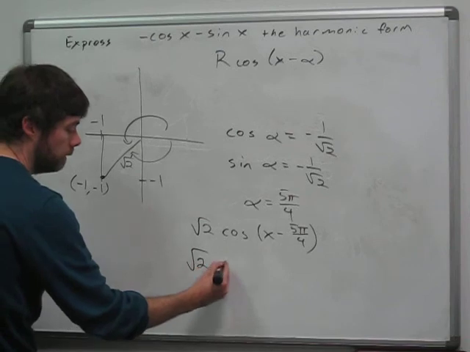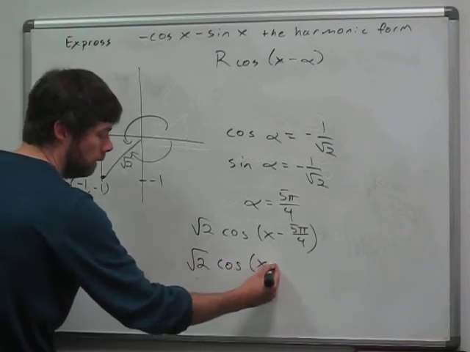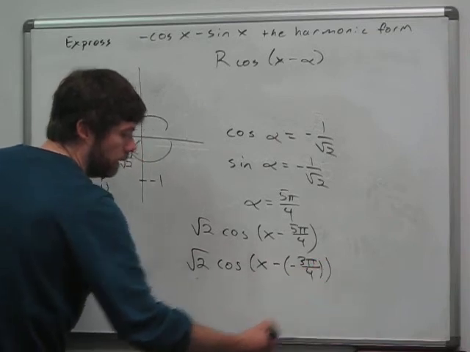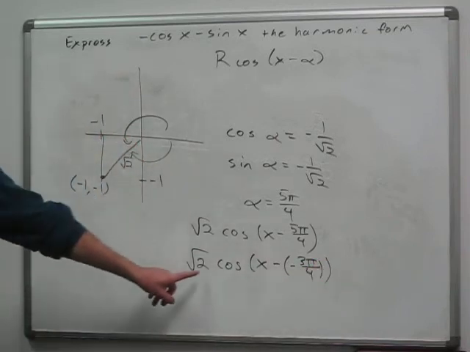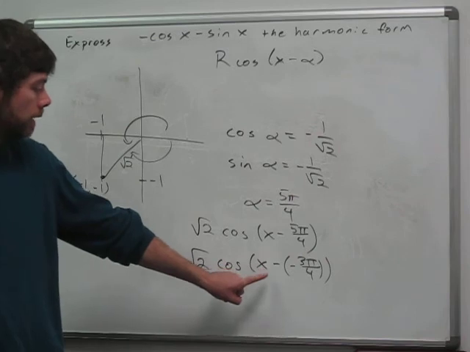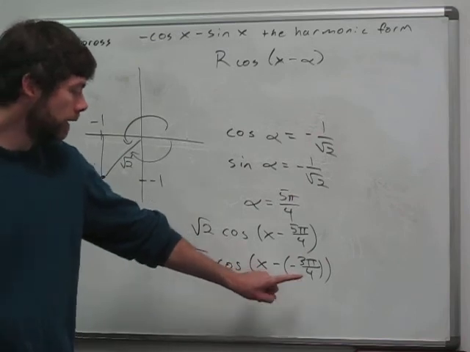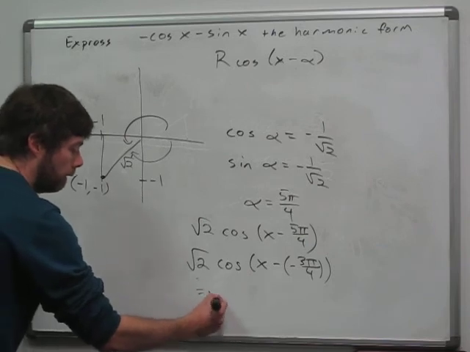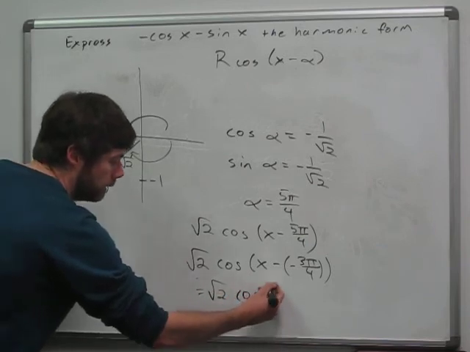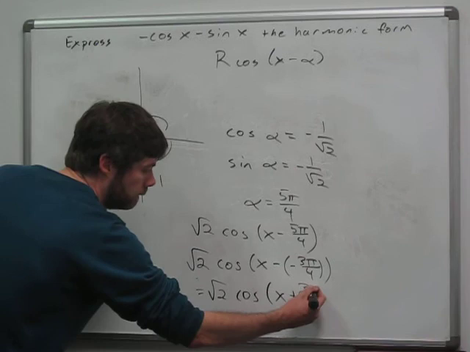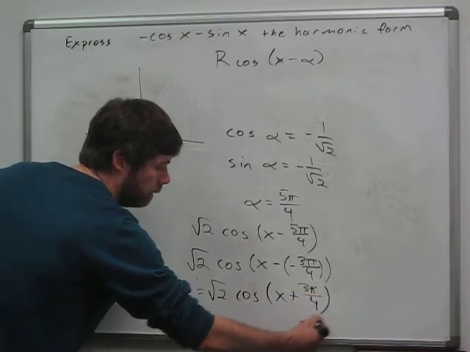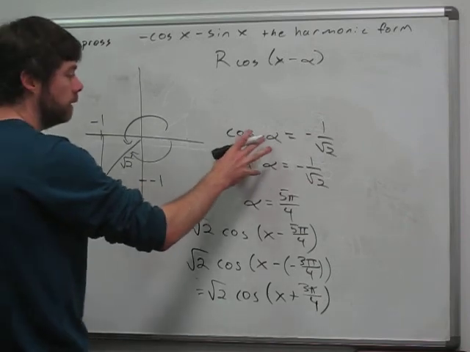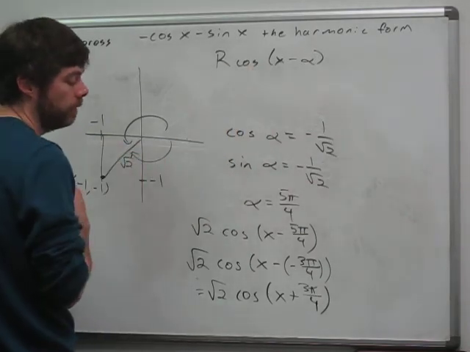So in that case, the argument in our harmonic form would have been radical 2 cosine of x minus a negative 3 pi over 4, rather. And that's going to simplify to x plus 3 pi over 4, right?